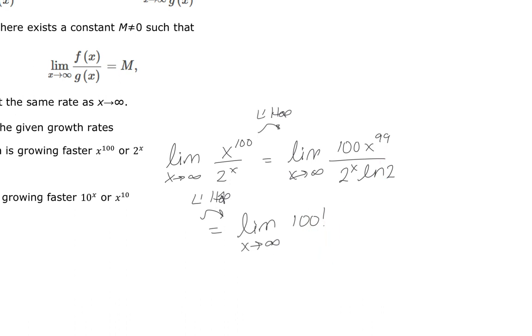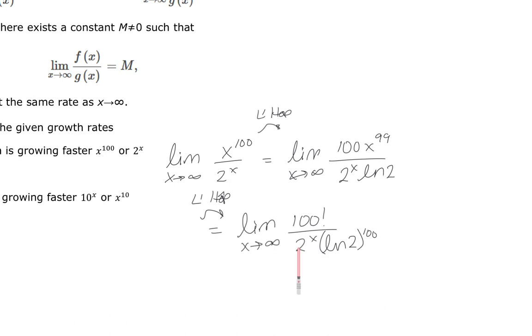In the denominator, I'm going to have 2 to the x, and then the natural log of 2 raised to a large number. If I had to do this derivative 100 times, that means I must have had the natural log of 2 raised to the 100th. And then the question is, which one is going to dominate?